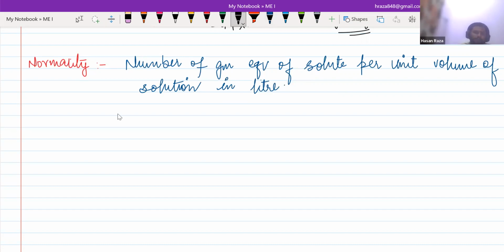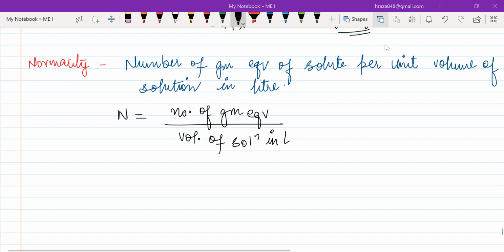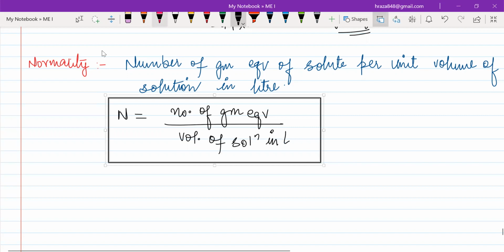That means basically, if you have this normality, we can write a mathematical equation from this sentence. Normality is equal to number of gram equivalent upon volume of solution in liter. So this is the formula from where we can calculate normality.